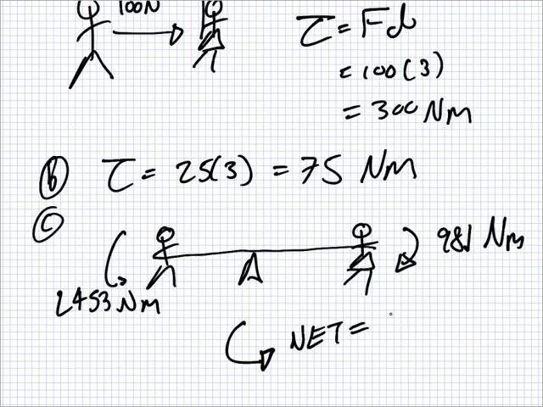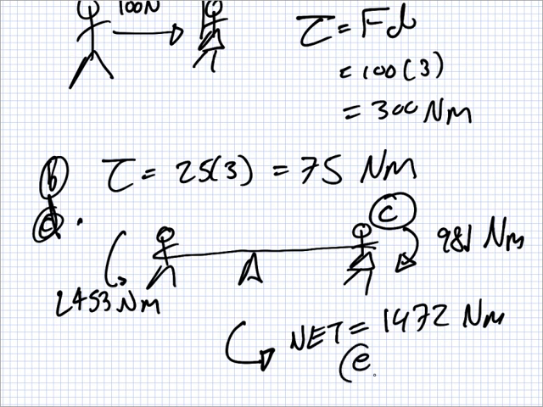So the difference is 1472 Newton meters. So that's the answer for C, D, and E. So she's C, he's D, and the total is E. D for dad.